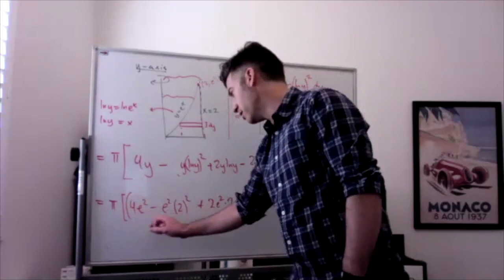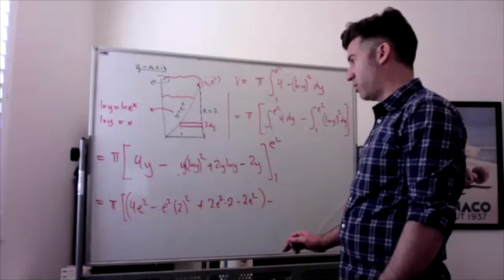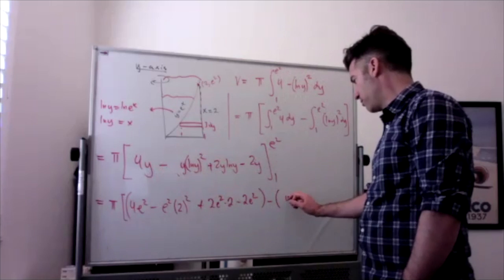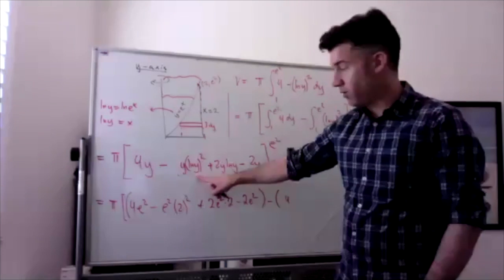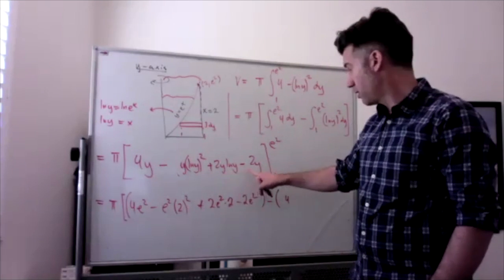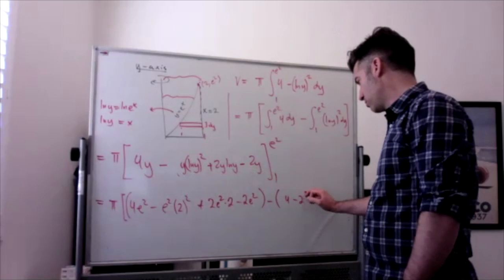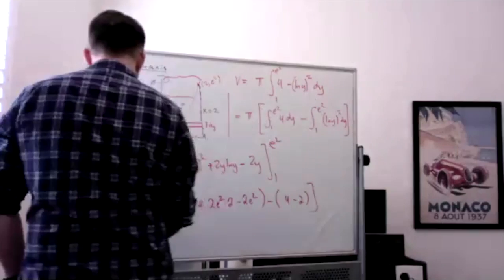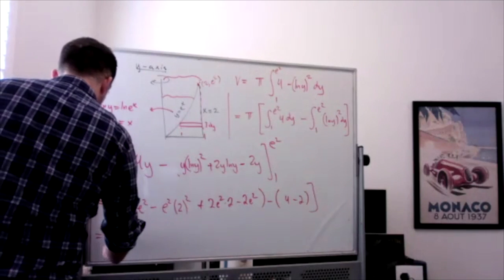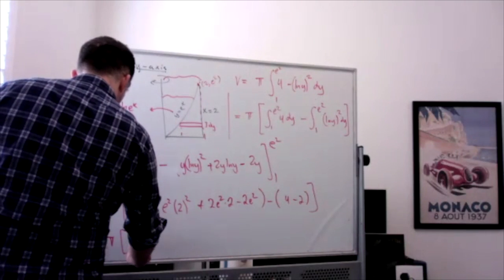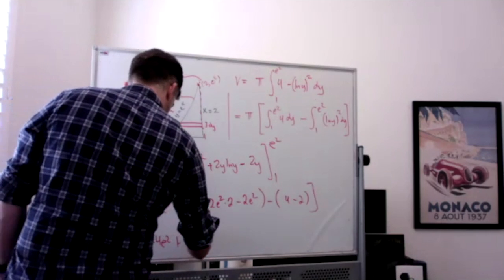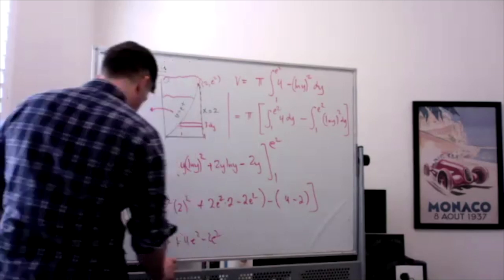And then minus plug in 1. Plugging in 1, you get 4 times 1, natural log of 1 is 0, natural log of 1 is 0, minus 2 times 1. Okay. So then I end up getting pi times 4e squared minus 4e squared plus 4e squared minus 2e squared.